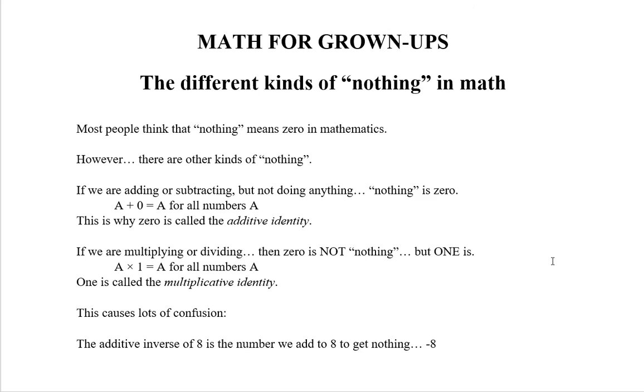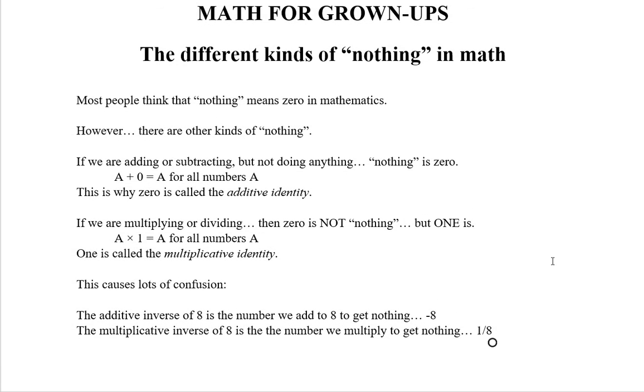Negative 8 plus 8, they cancel out to 0 because 0 is the nothing of adding. The multiplicative inverse of 8 is the number we multiply to get nothing, but a different kind of nothing, right? What do you have to multiply 8 by in order to get 1? And that would be 1/8. 1/8 is the multiplicative inverse, the thing that undoes an 8 multiplying-wise.